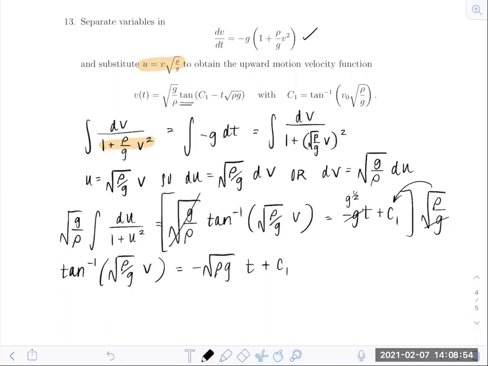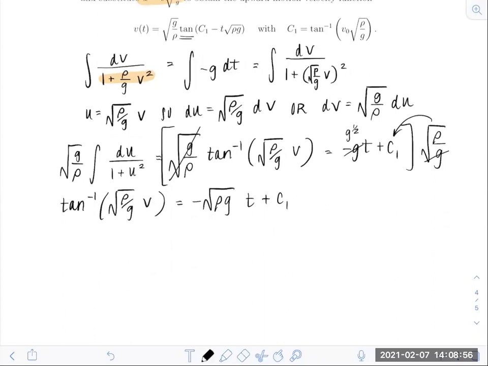Now I will apply the tangent function to both sides. All right, and I'll just reorganize here.